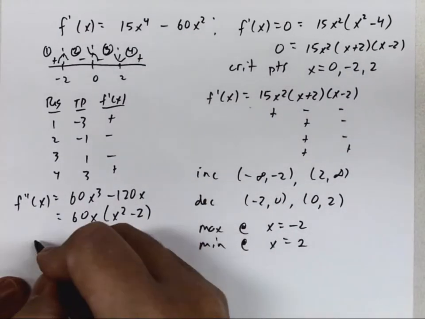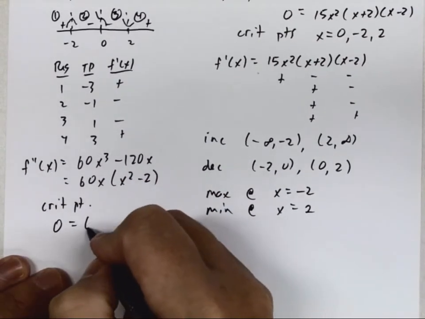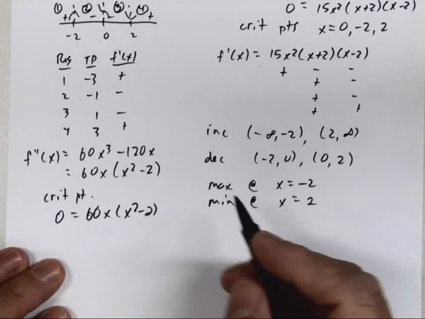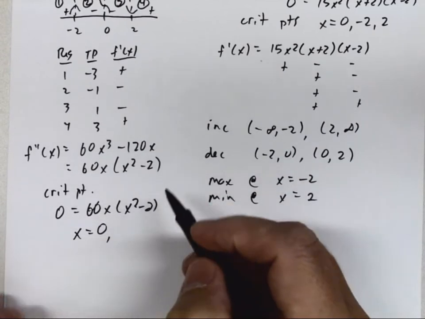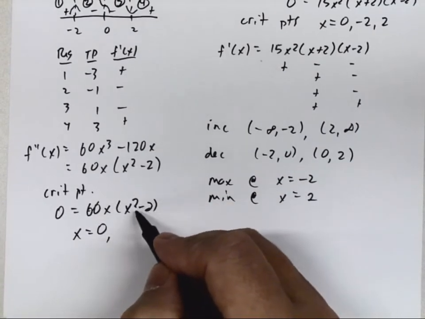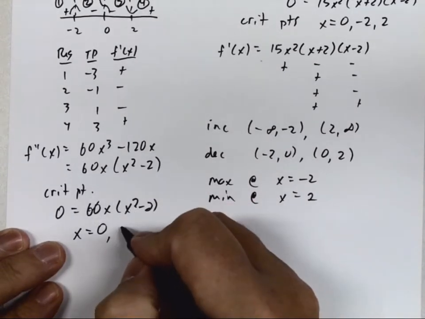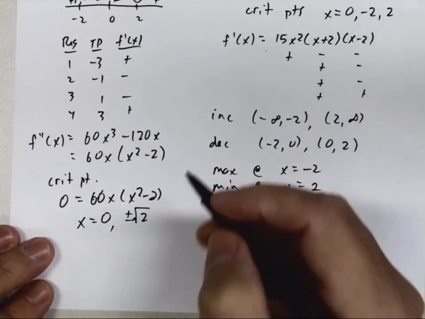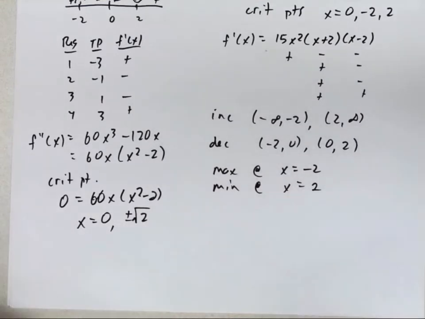Now for critical points, I'm going to set that equal to 0. 60 doesn't matter. Looks like x equals 0, and inside here, it's going to be plus or minus square root of 2, which is like 1.4.